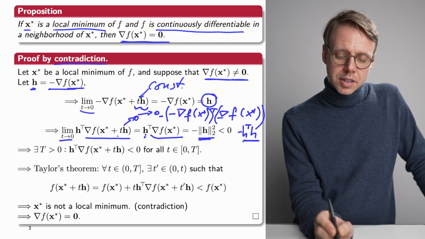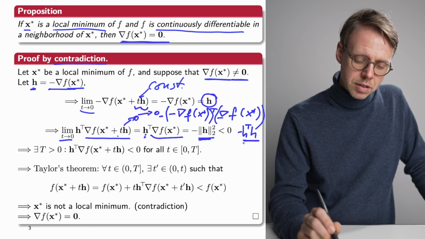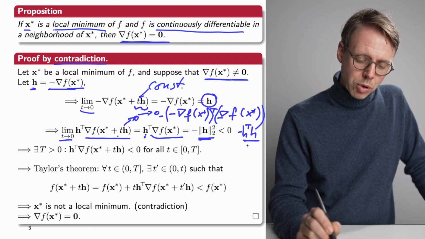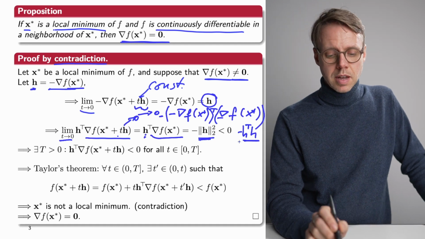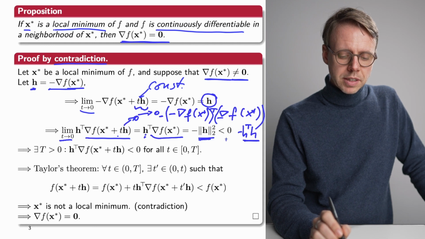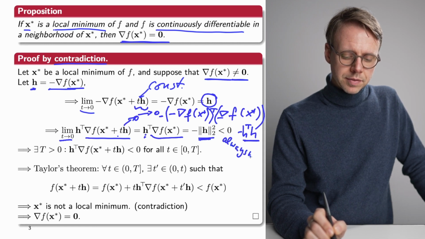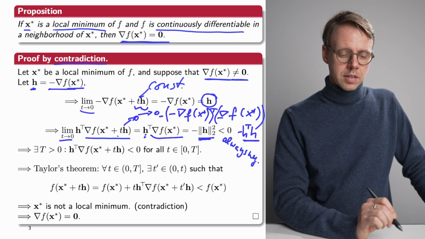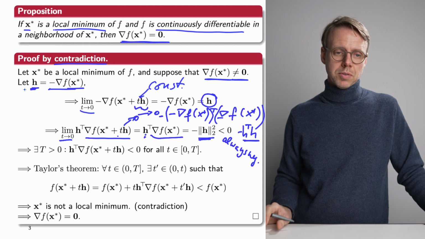But what we have here is now the vector h multiplied with itself, so this is always positive, times a minus in front, so the result will always be negative. Unless h is equal to 0.